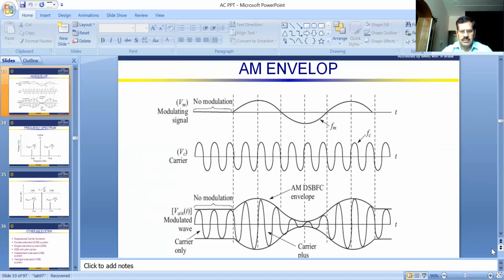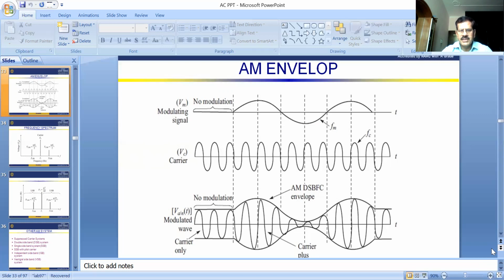You see in the third waveform, this wave is the mixing of the modulating signal and carrier signal, and in this wave the amplitude varies according to the instantaneous signal. So this is the resultant amplitude modulated signal, and here we see that at the start there is no modulation because there is no variation of amplitude of the modulating signal.